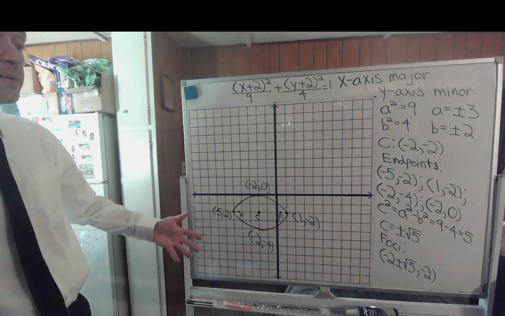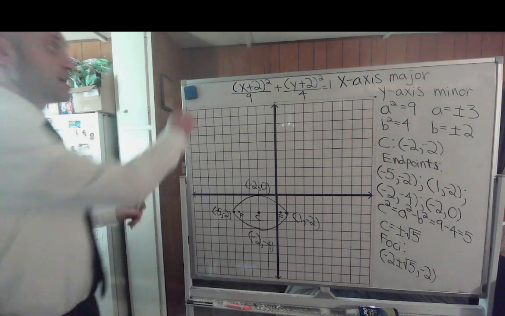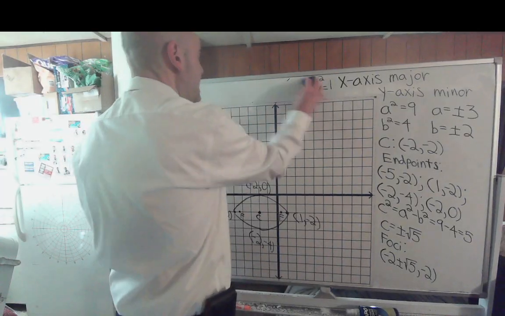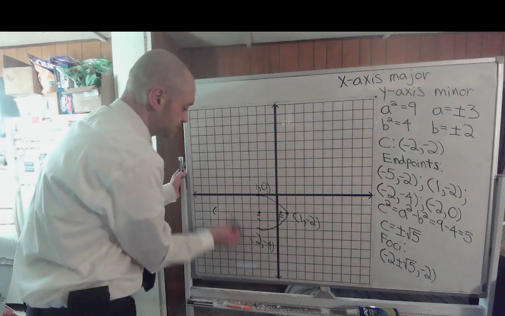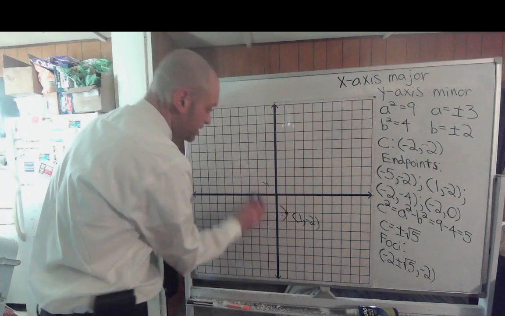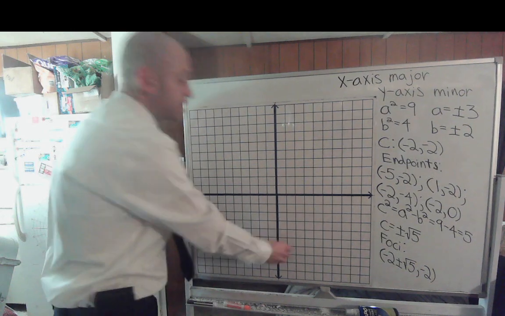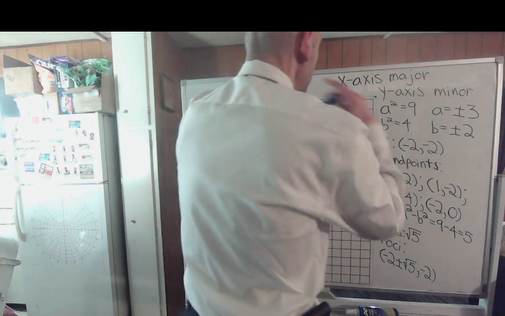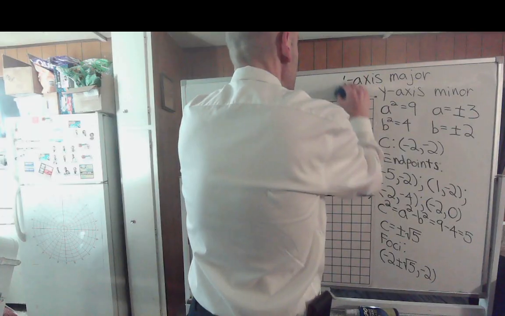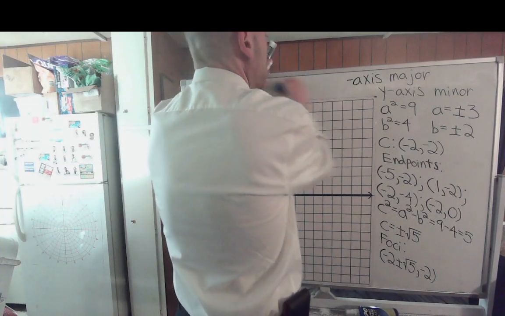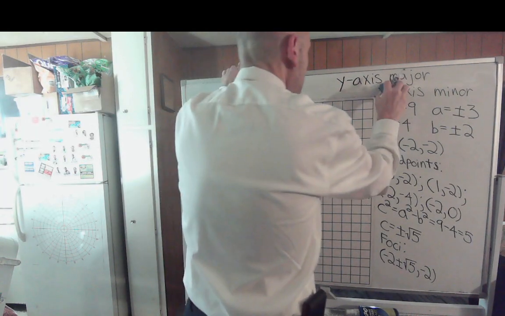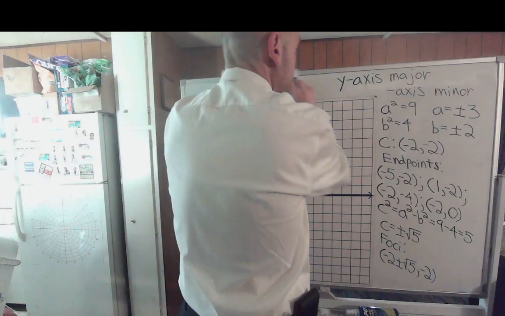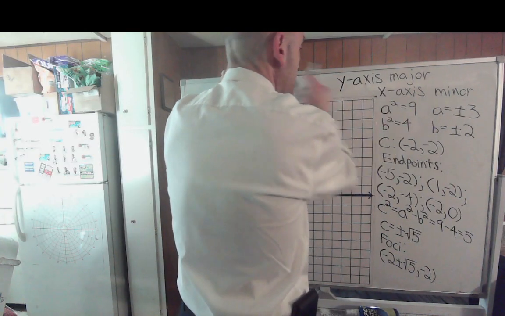All right, let's shift gears to where we have a major y-axis and a minor x-axis. We'll do a couple at the origin, and then we'll do a couple not at the origin. So let's switch a little bit of terminology here, okay? So the next several, the y-axis will be the major axis, the x-axis will be minor.